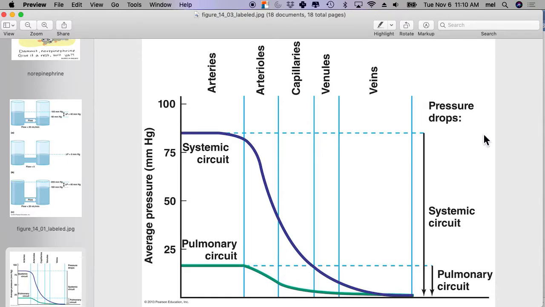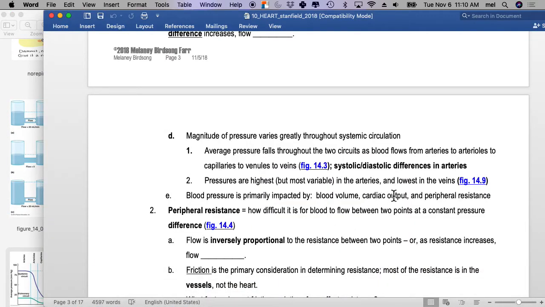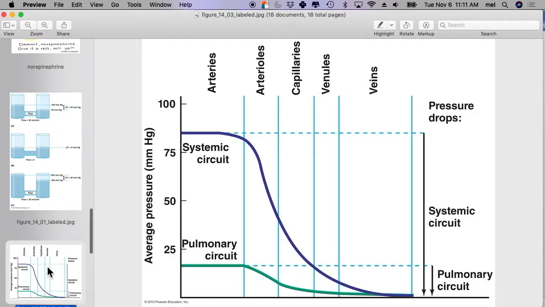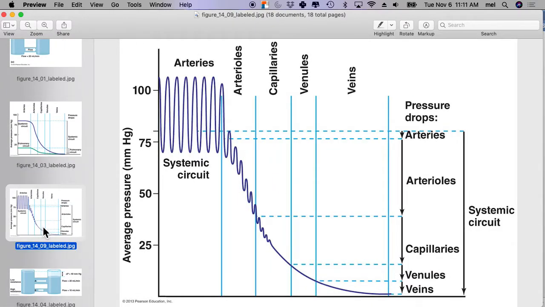Okay? All right. So the other thing is that not only are the pressures higher in the arteries, they're also more variable. If instead of looking at average pressure, you just looked at the systemic circuit and you took more data points, do you see what the pressure does in arteries compared to veins? Do your veins even have any discernible pulse pressure at all?